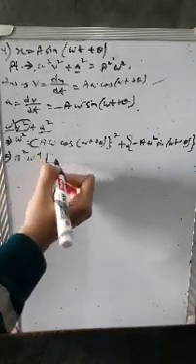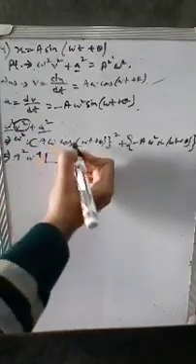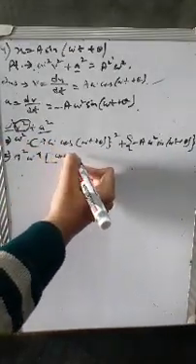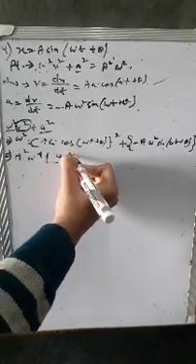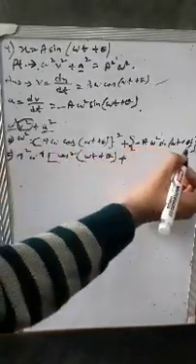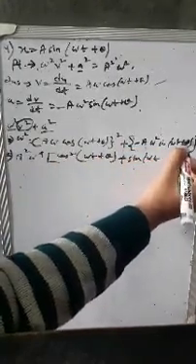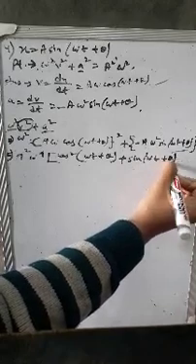Omega 4 you will get if you just do the multiplication, cos square within bracket omega t plus theta as usual, plus sine square omega t plus theta.